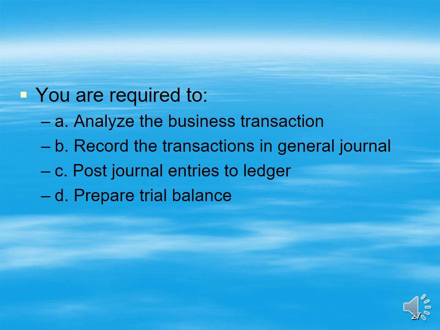This is the second step in the accounting cycle. And then the question asks you to do step 3 in the accounting cycle, which is to post the journal entries to the ledger. And then after that, the question asks you to do step 4 in the accounting cycle, which is to prepare a trial balance.